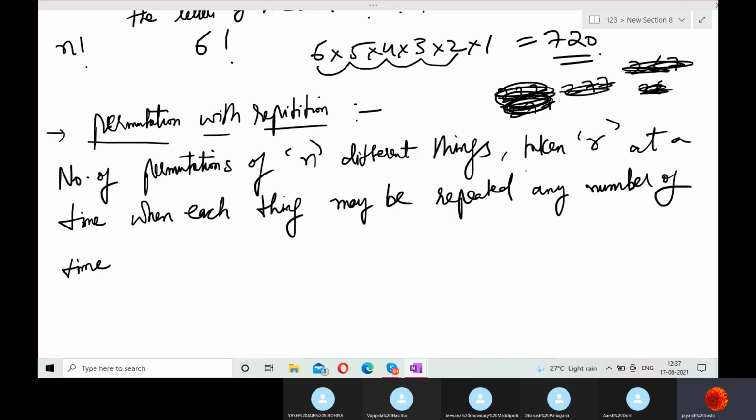The number of permutations of n different things taken r at a time, when each thing may be repeated any number of times in each arrangement, is n power r. So you can arrange in n power r ways.